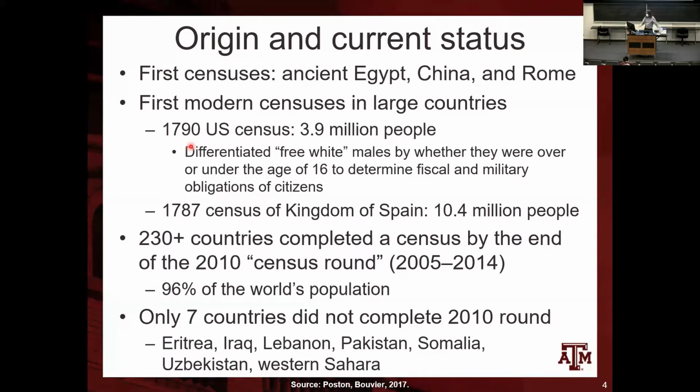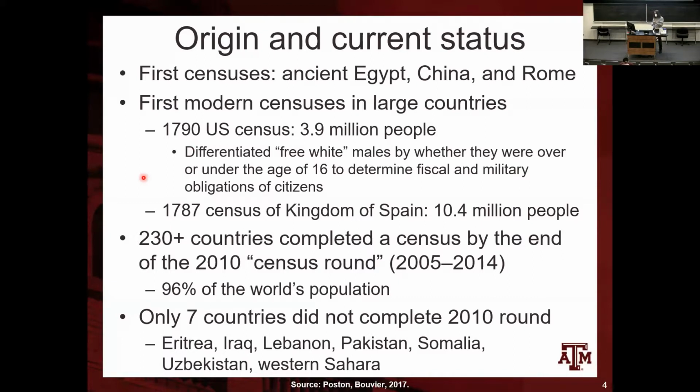And as I'm going to show you, it pretty much differentiated between specific subgroups of the population. For each one of the states in the country at that time, or regions or provinces, you counted how many people were there, but for these specific subgroups.